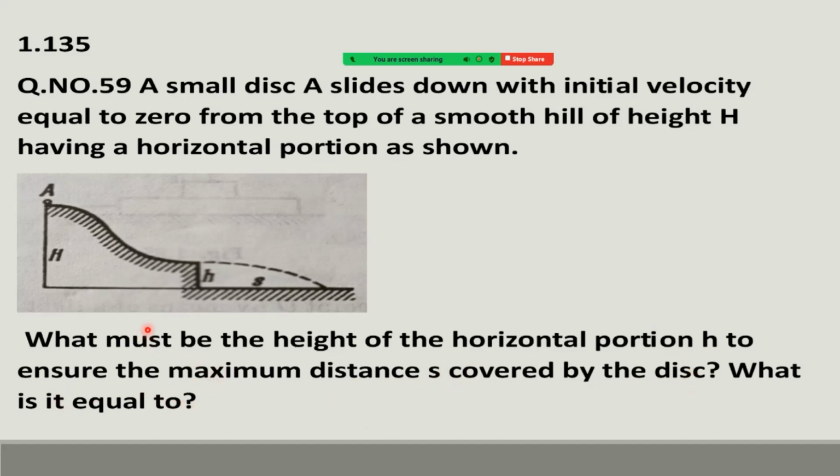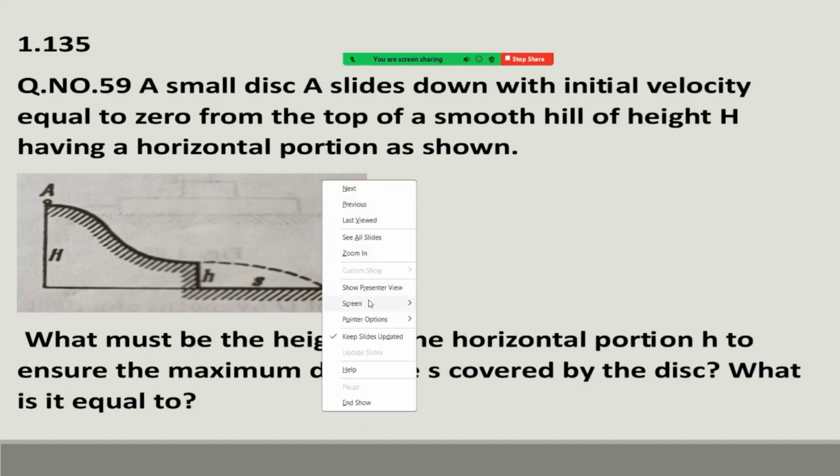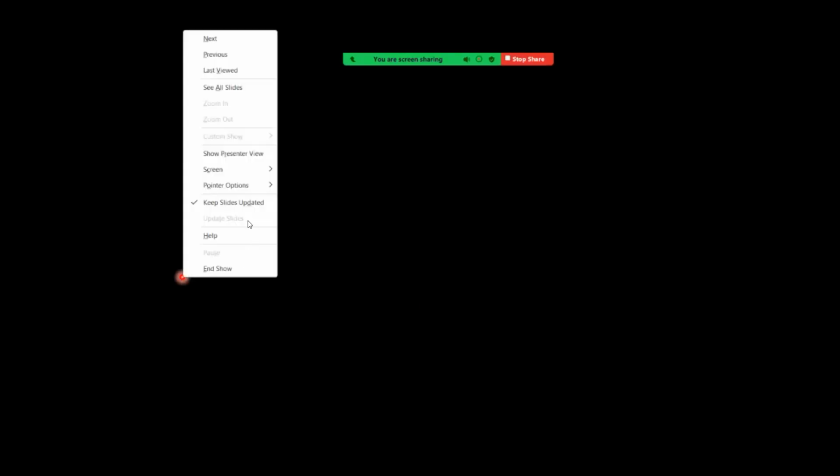So we have to find the value of small h, and at the same time, what is the maximum value of s? Let us see. First, make the given diagram. There is one smooth surface, approximately.